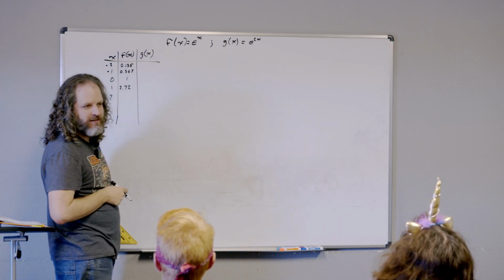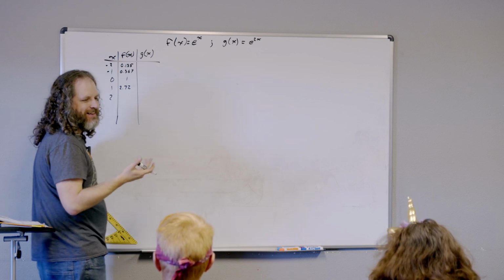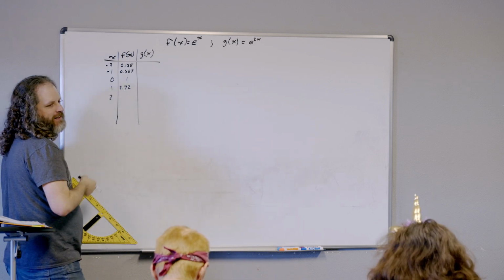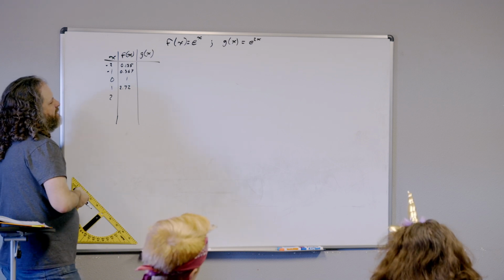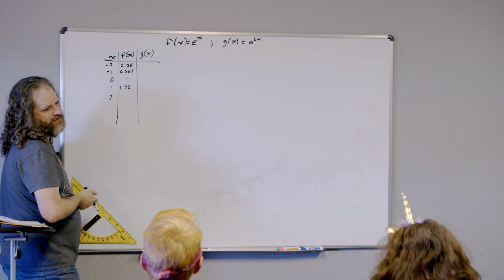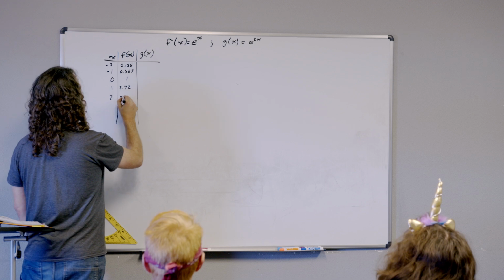I know what e is. e is just like pi. Pi is 3.14159. e is 2.718.